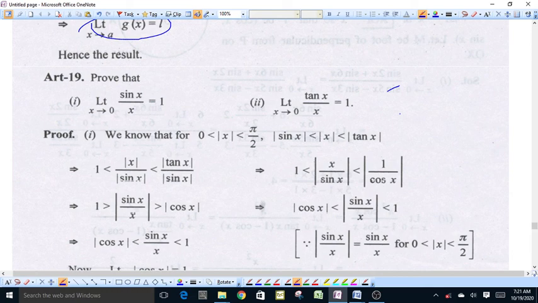Because from trigonometry, whenever the numerical value of x lies between 0 and pi by 2, that is in the first quadrant, the numerical value of sin x is less than the numerical value of x, which is less than the numerical value of tan x.